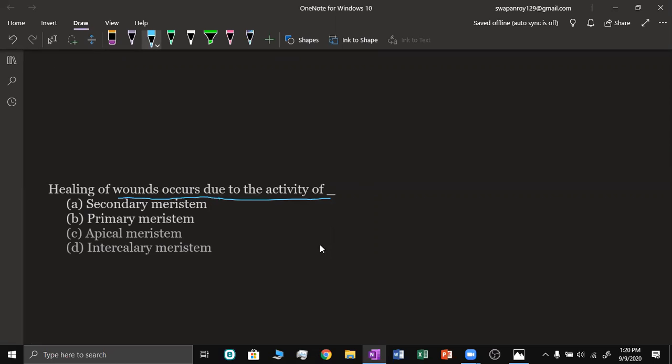Due to the activity of, it is secondary meristem, primary meristem, apical meristem, intercalary meristem. If there is any wound anywhere, that healing is done by the production of new cells.